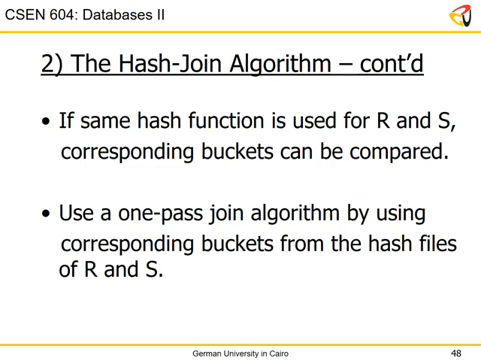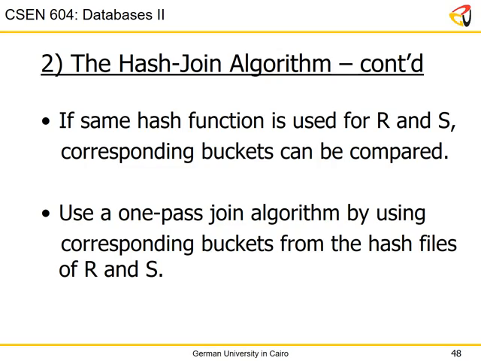So when I'm inserting it in the second hash table that I built on s.y, the value 50 will also go to bucket number 7. So by comparing corresponding buckets, I can easily find entries that are common between r.y and s.y.